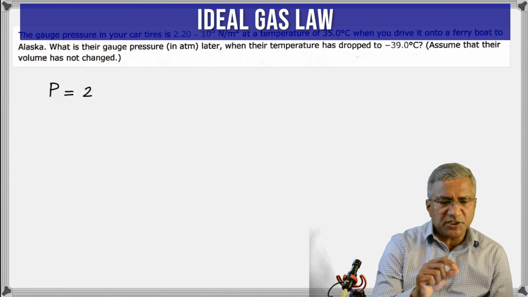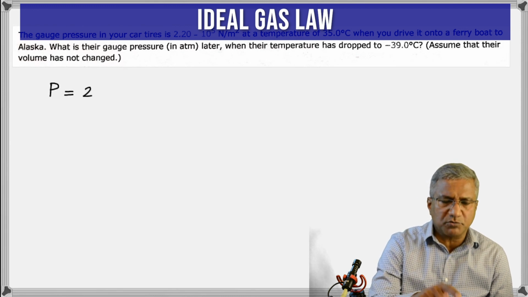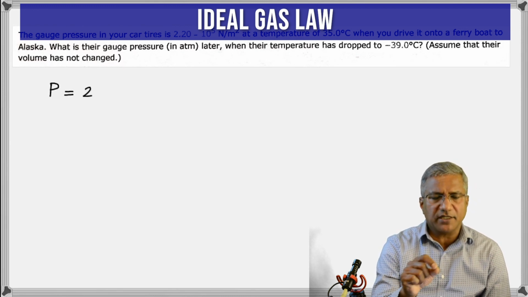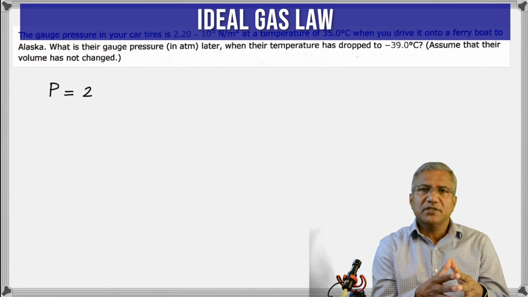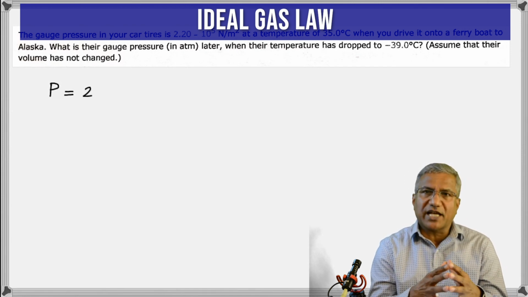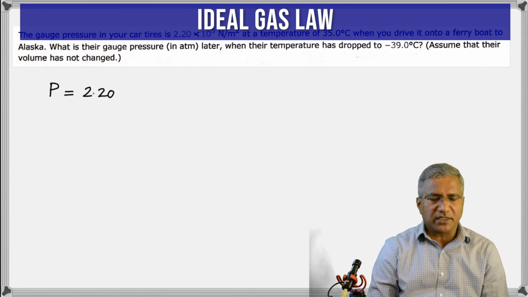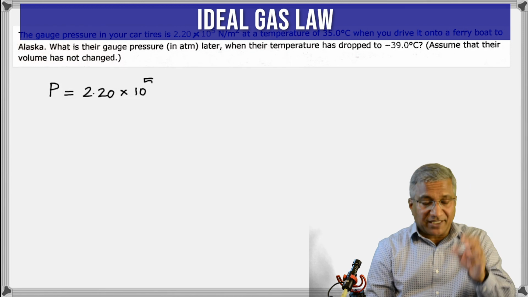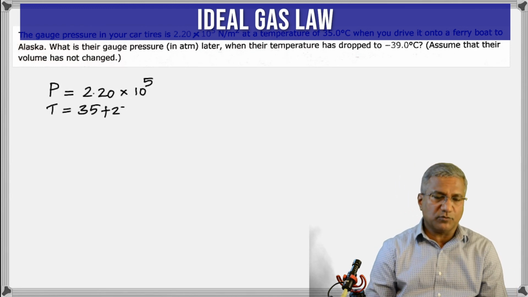So here the gauge pressure in your car tires is supposed to be 2.20 times 10 to the power 5. So that's a gauge pressure. So that's not the actual pressure. You've got to add the atmospheric pressure, all right? So that is the gauge pressure. And I think when I did it, I forgot in the beginning, and then I said, wow, what am I doing?